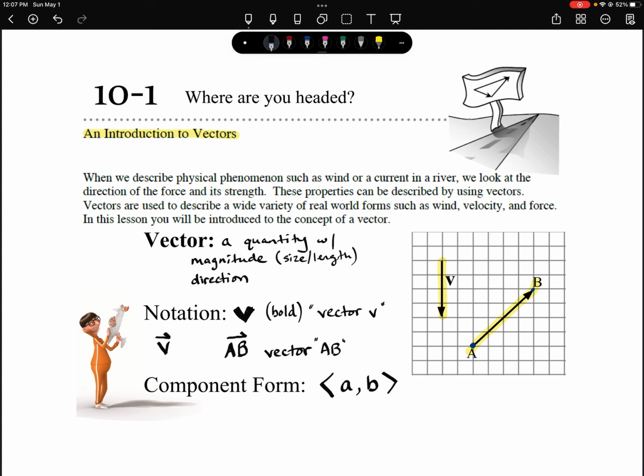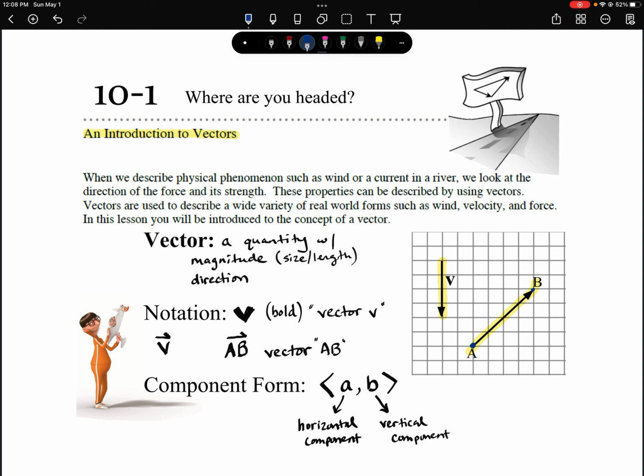The first value is going to describe the horizontal component, and I'll describe what that is in just a second. The second is going to be our vertical component. So basically they're going to describe which direction it's going.